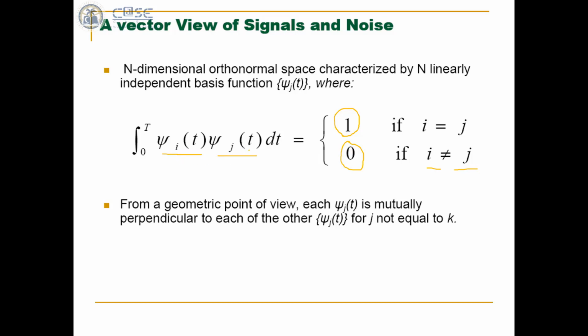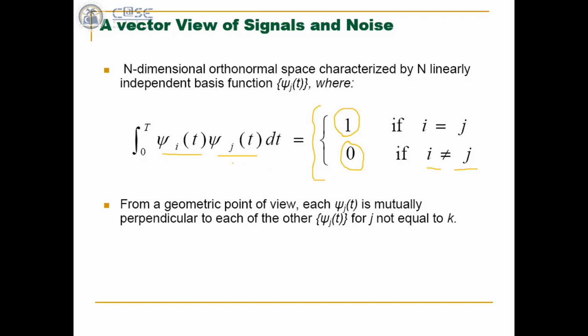So we have a signal set which is orthonormal in nature and described by this property. This is 1 when the two signals are alike, and this is 0 when the two signals are different. So the basis functions are orthonormal functions that obey this property, right?